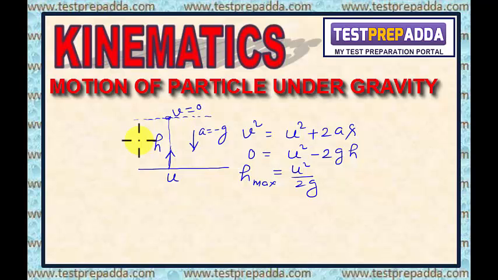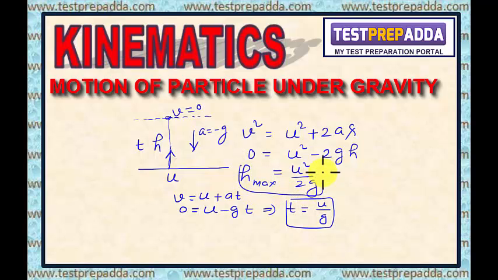Now if I try to find the time to reach this maximum height, then I'll use v is equal to u plus at. Here v is 0, u is the initial velocity and a will be written as minus g, and this way I get the time as u by g. Okay, if I substitute the u in terms of h, then the time taken will be equal to root 2h by g.